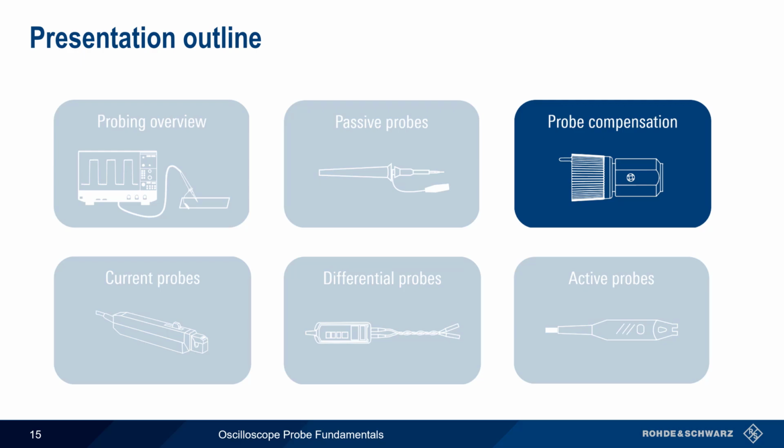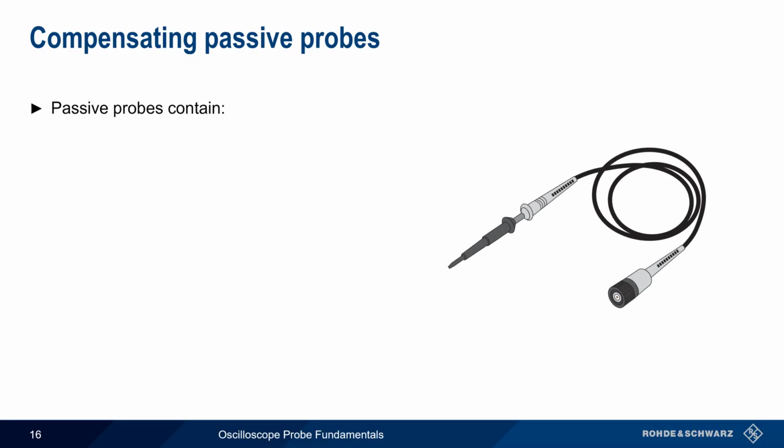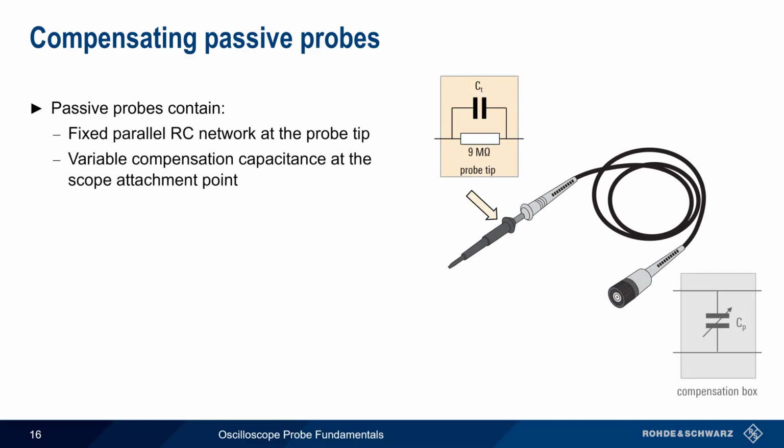Before we move on to other probe types, let's spend a few minutes talking about probe compensation and why it's important when using passive probes. As we discussed a few minutes ago, passive probes contain both a fixed parallel RC network in the probe tip, as well as a variable compensation capacitance, usually at the scope attachment point.